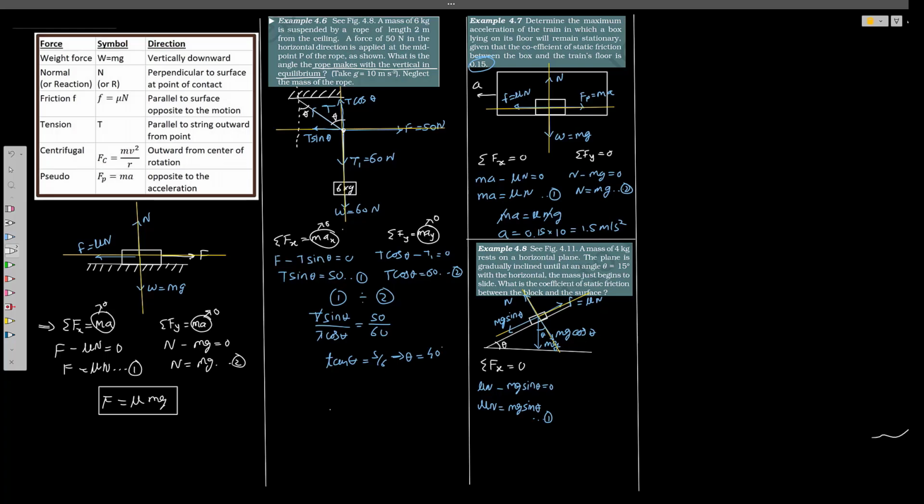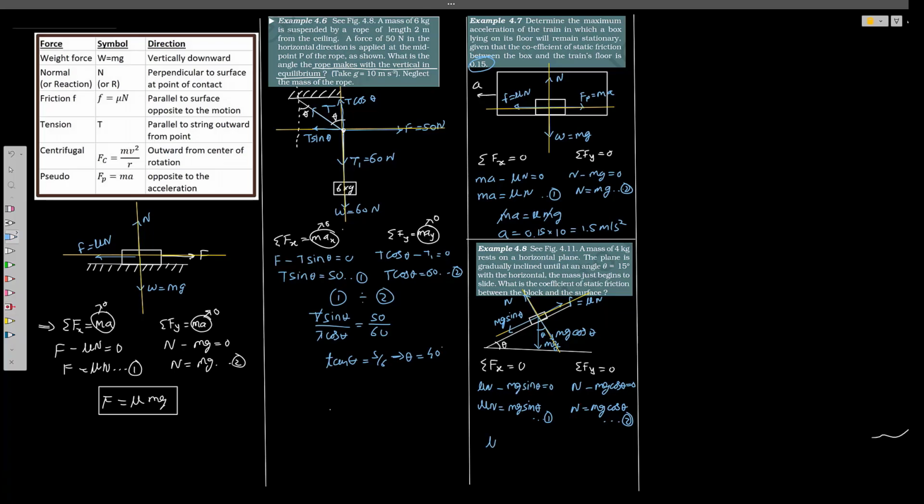Now, next, let's obtain y components. In positive y direction, we have normal force n, and in negative y direction, mg cos theta. So n will be equal to mg cos theta. Equation number 2. Now substitute the value of n in first equation.